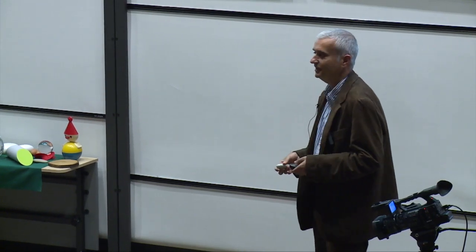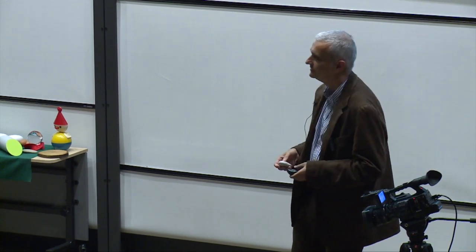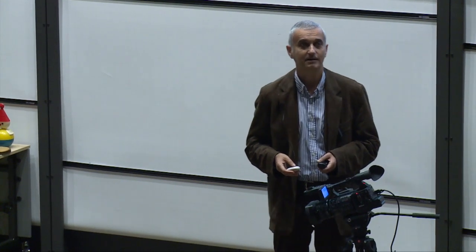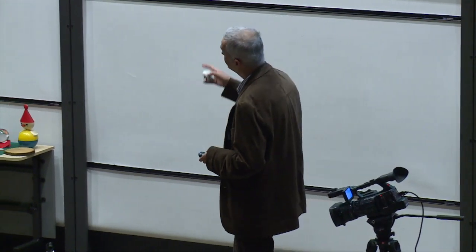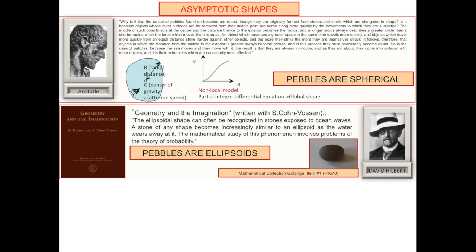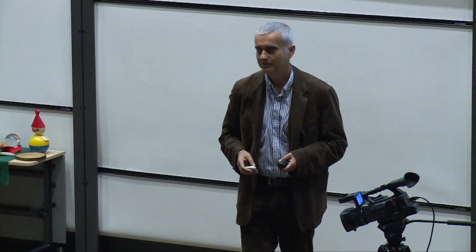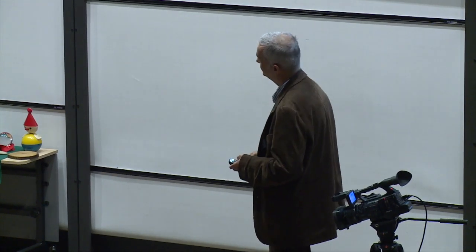David Hilbert wrote his very famous book, Geometry and the Imagination, where he made a comment that coastal pebbles tend to be ellipsoidal. And in fact, if you go to the mathematical collection of Göttingen, which is a very famous mathematical collection, started in the 17th century, the first piece in that collection is a coastal pebble. So people were wondering about pebble shapes.